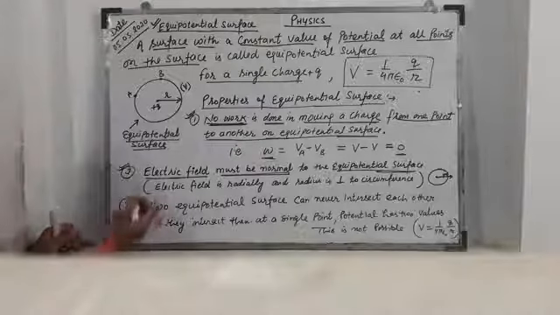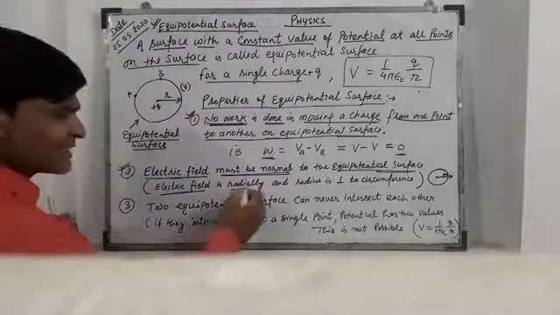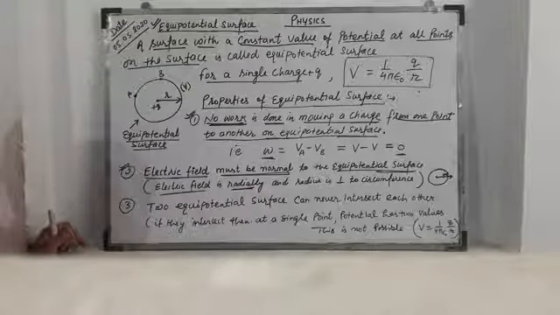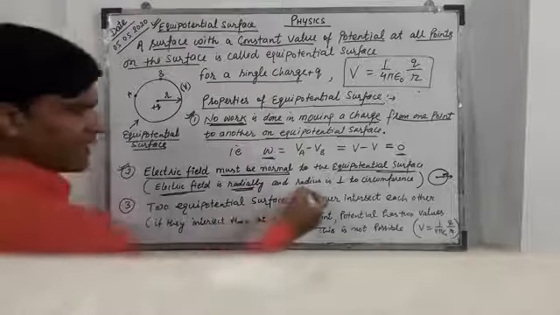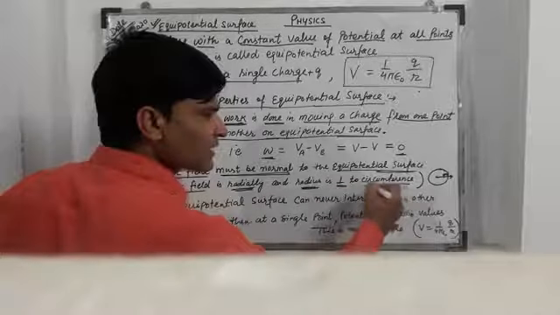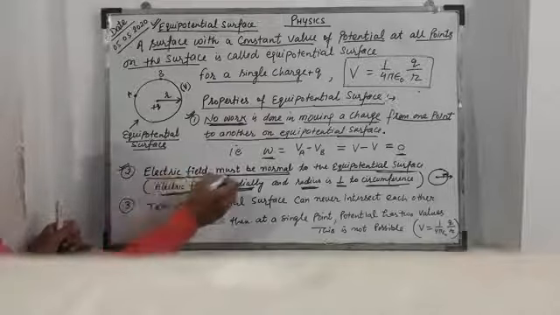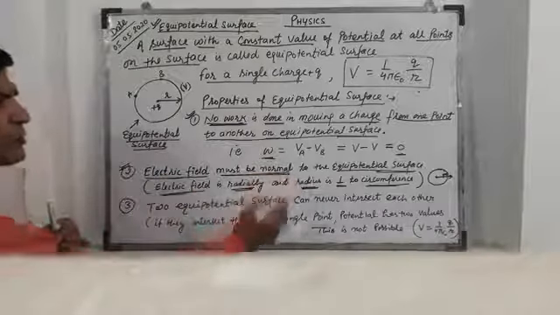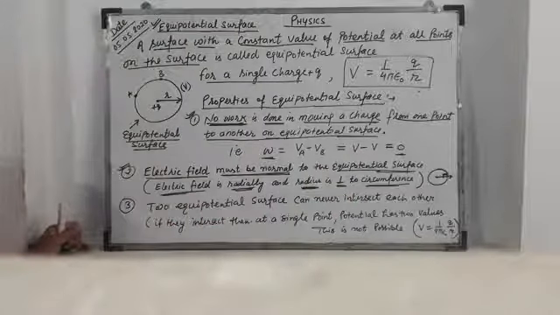This is because the electric field is radial for a single positive or negative charge, and the radius is perpendicular to the circumference. So the electric field must be normal to the equipotential surface.